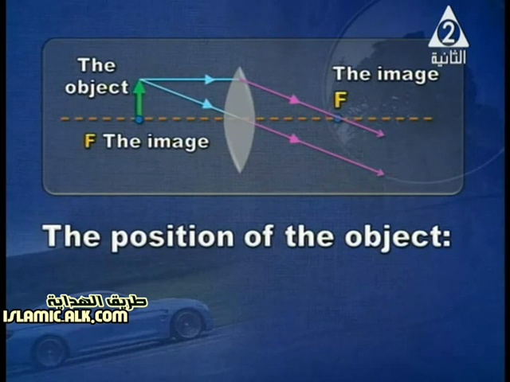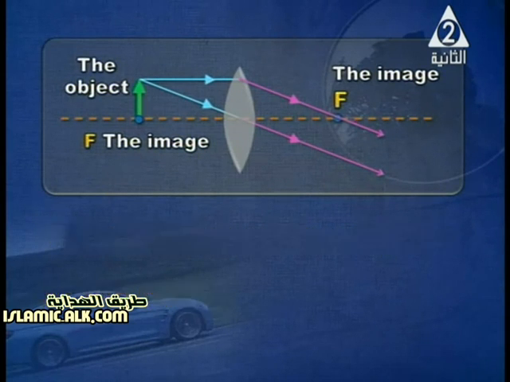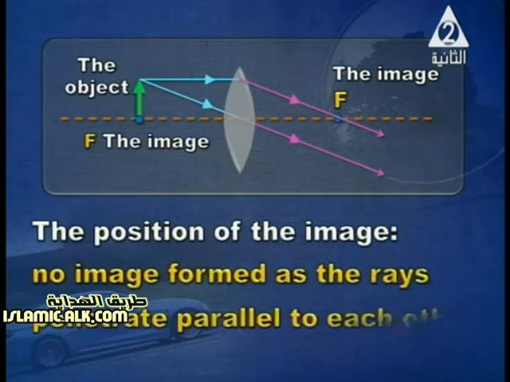The position of the object is at the focus. Position of the image: no image is formed as the two rays pass parallel to each other. So no intersection of the refracted rays, so no image is formed.